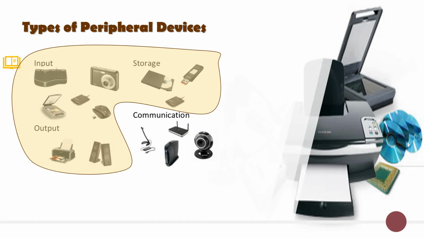Input, used to interact with, or send data to the computer: mouse, keyboards, etc. Output, which provides output to the user from the computer: printers, speakers, monitors, etc. Storage, which stores data processed by the computer: hard drives, flash drives, etc. The other one is communication or network, which is used for interaction: modem, web camera, etc.